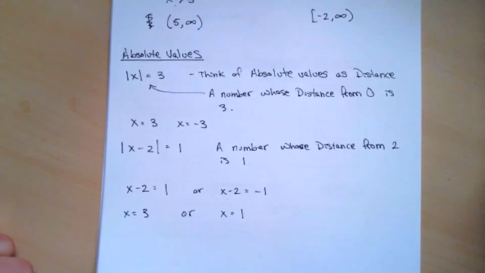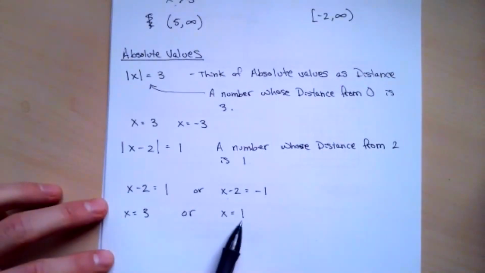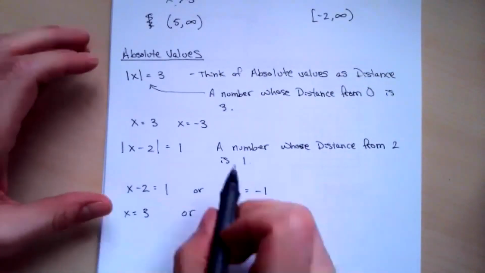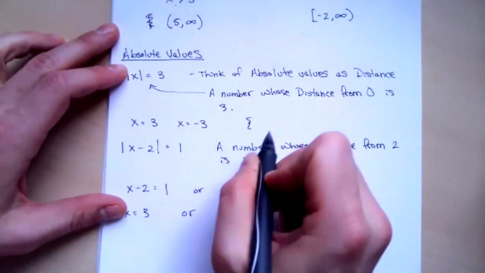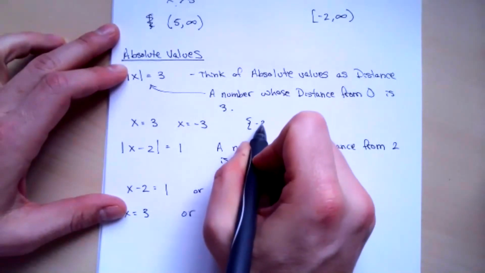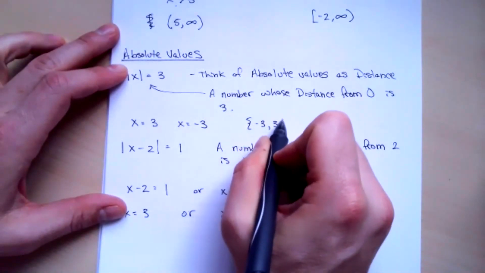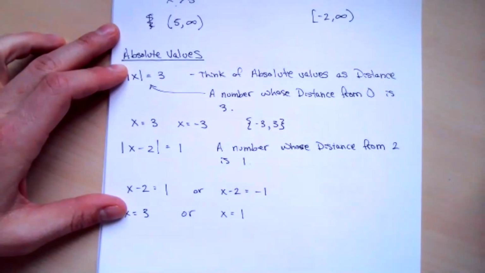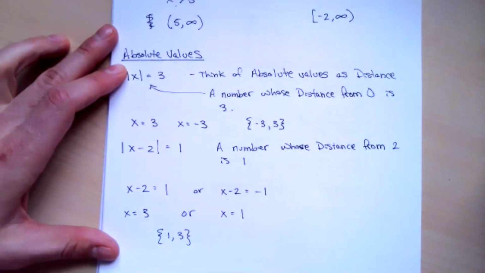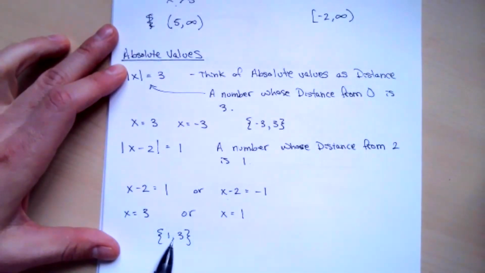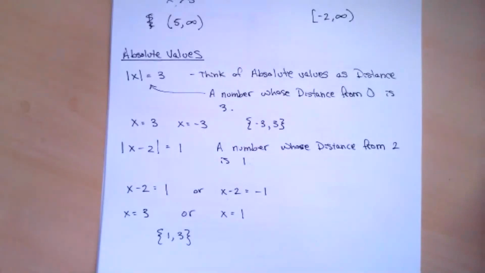So we simply only have 2 numbers. Keep in mind this is not an interval. If we wanted to write these as sets, if we wanted to write our set notation, you just write the numbers in a list. Here, we would write the set 1 and 3, squiggle brackets with commas between numbers. It just means those individual points.